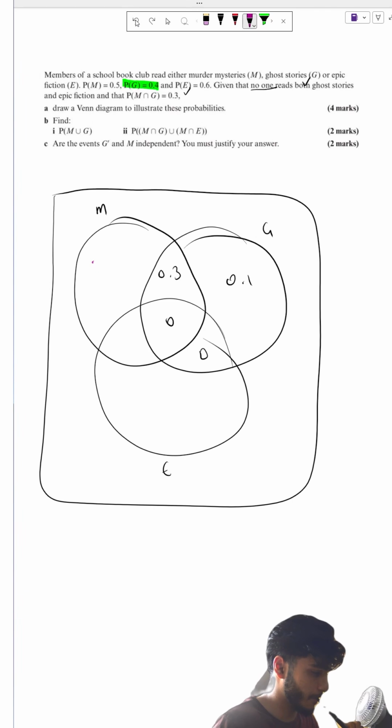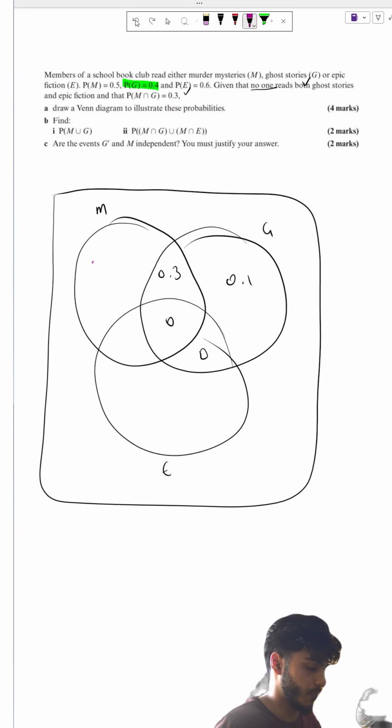Draw a window and control it into 0.2. How do you get 0.2? How do you get 0.2? M and G 0.3.